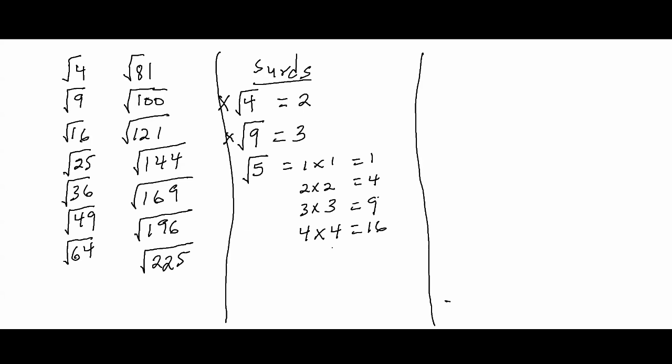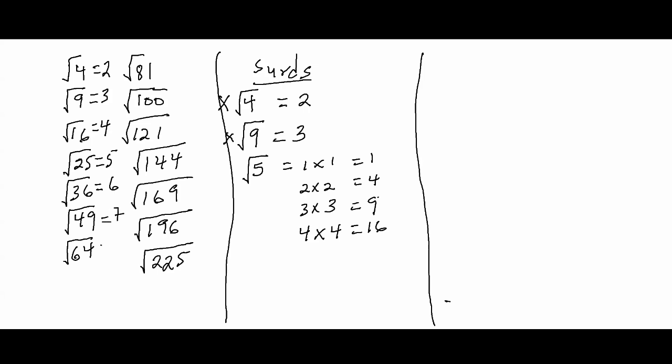So the square root of 4 gives us 2. Square root of 9 gives us 3. Square root of 16 gives us 4. Square root of 25 gives us 5. Square root of 36 gives us 6. Square root of 49 gives us 7.